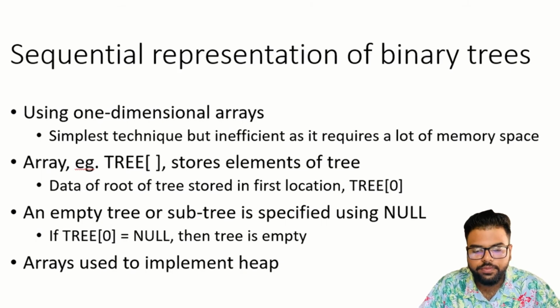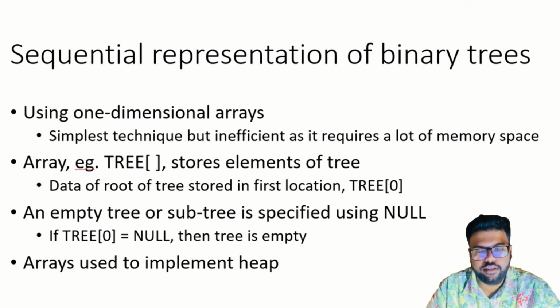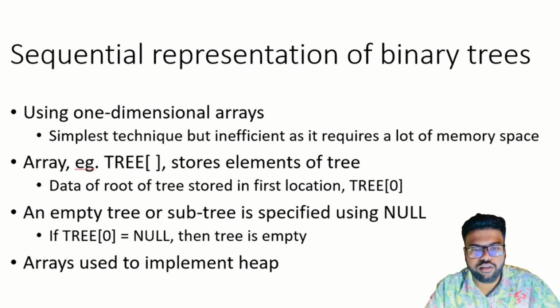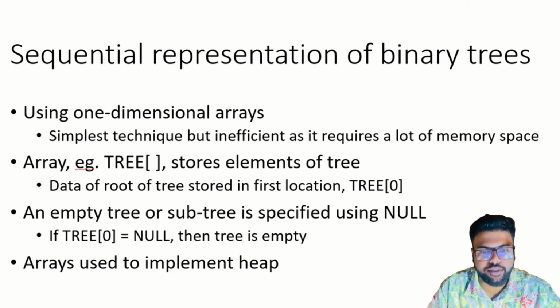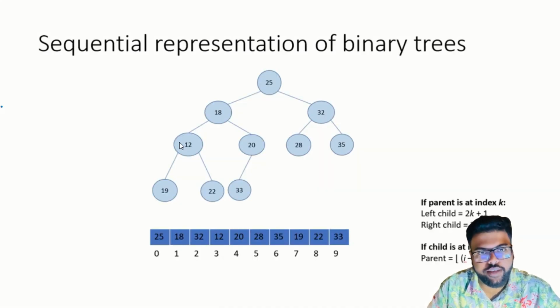So that's the implementation part. How do we represent a binary tree sequentially? Look at this image. I will explain step by step how sequential representation works. There are an array and a tree.